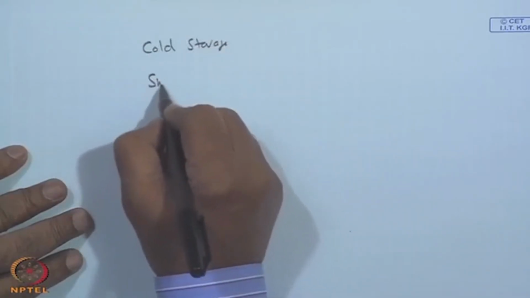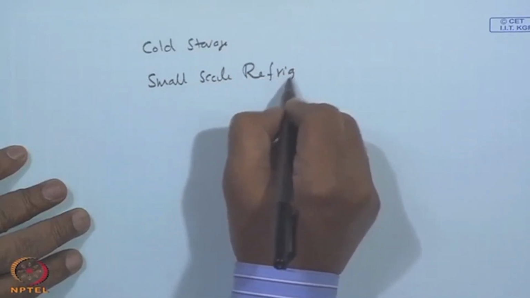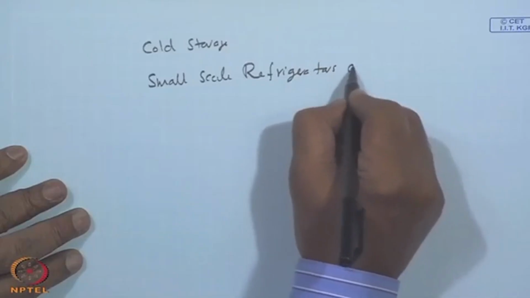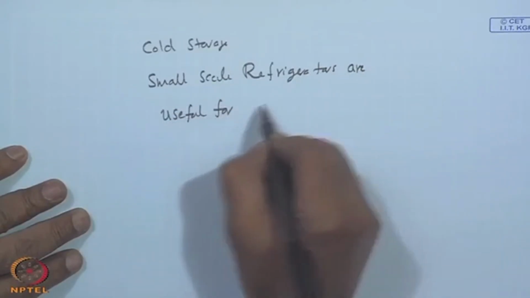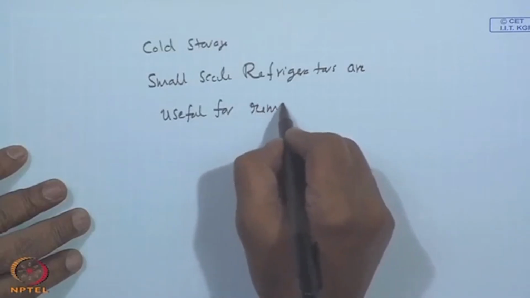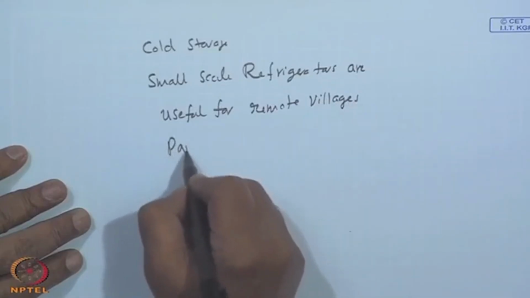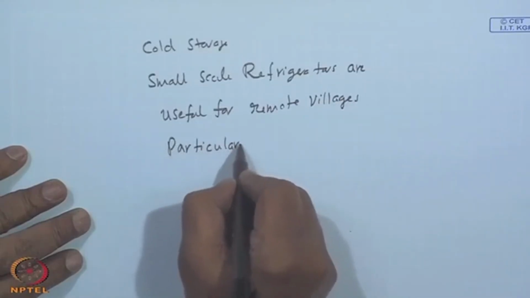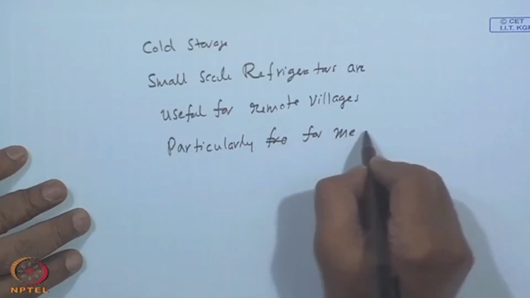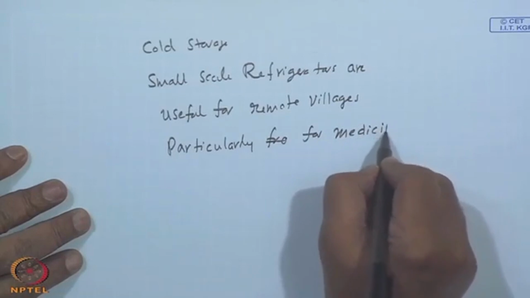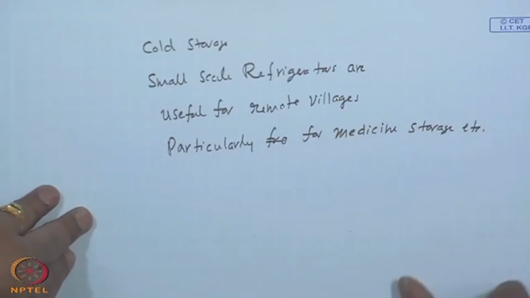and small scale refrigerators are useful for remote villages, particularly for medicine storage, etc. So, this is in vogue.